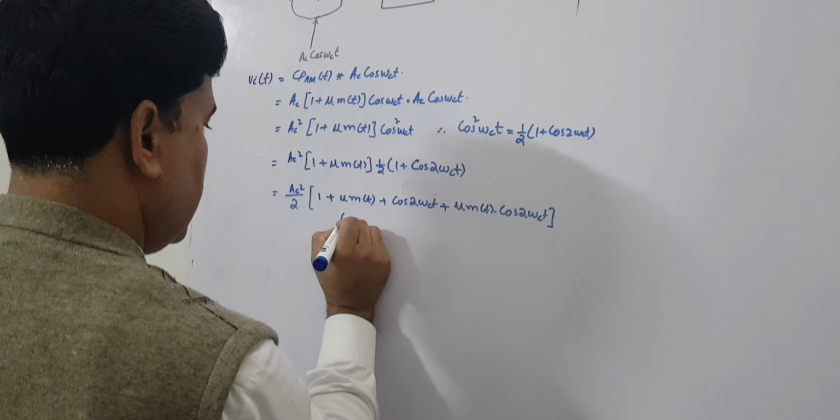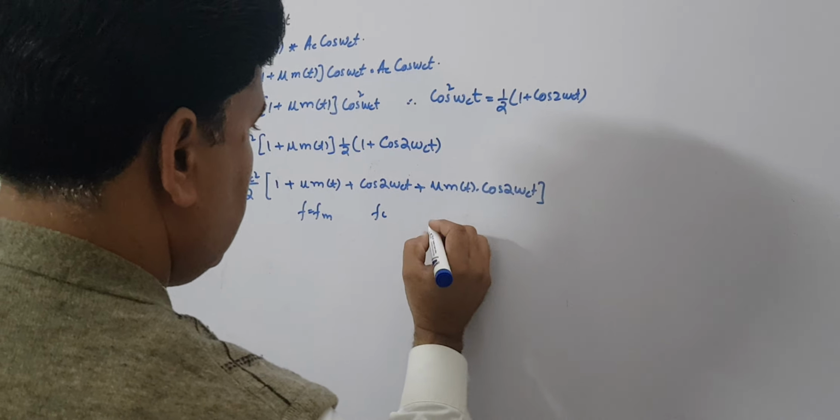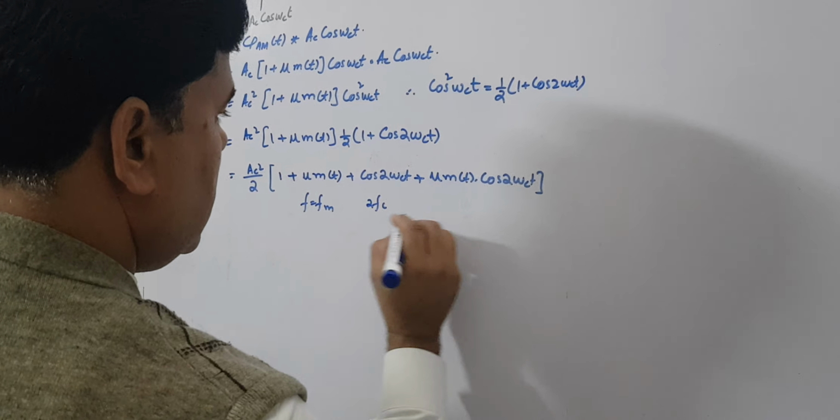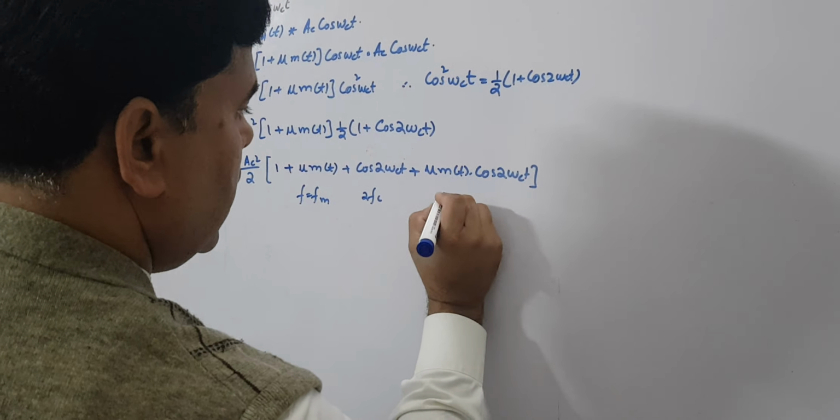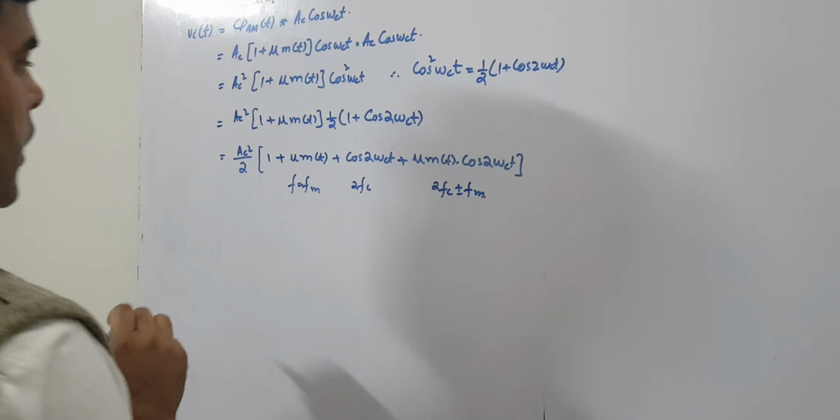So the frequency of that signal is fm, the frequency of that signal is fc, 2fc, and the frequency of that signal is 2fc plus minus fm.